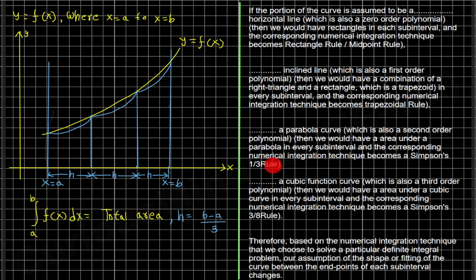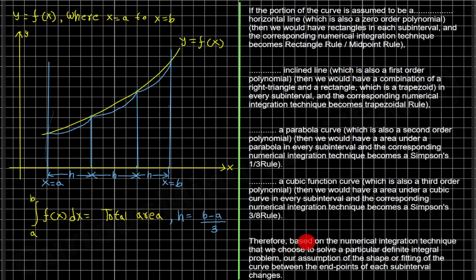And if the portion of the curve is assumed to be a cubic function curve, which is also a third order polynomial, then we would have an area under a cubic curve in every subinterval, and the corresponding numerical integration technique becomes Simpson's 3/8 rule.